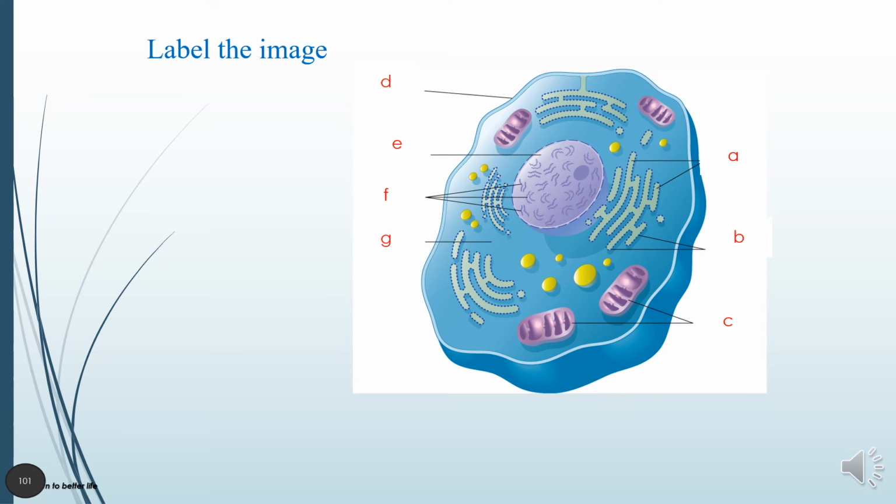Now, let's label this image. A is endoplasmic reticulum, ER. B is ribosomes. C is mitochondria. D is cell membrane.